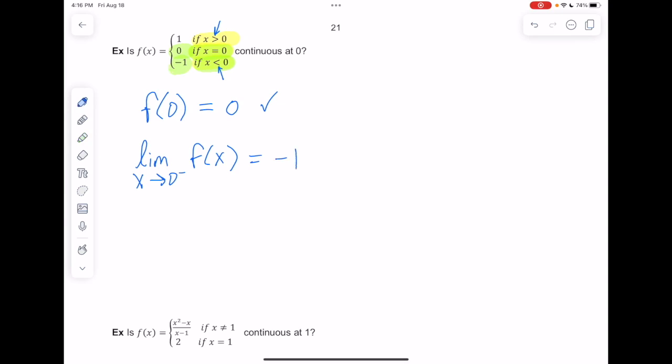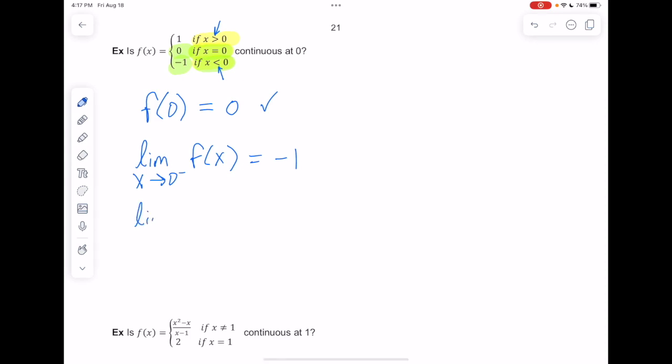So the good news is that exists, but if you're looking forward to step 3, you can already see there's bad news. The only way the overall limit is going to exist at 0 is if the limit from the left and the right are the same. And if that's the case, they'll both be -1, and it doesn't equal 0. So we can already see step 3 is going to fail. But let's go ahead and progress through this anyway.